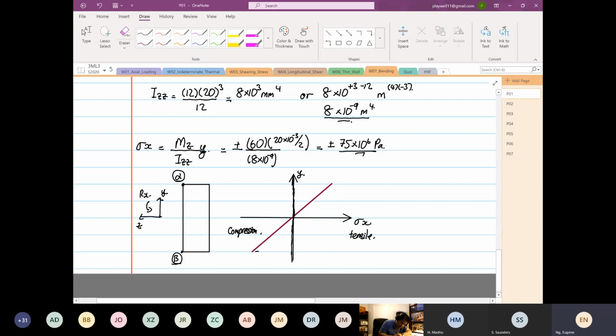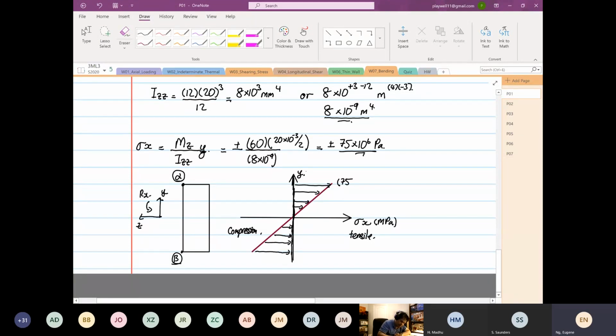So it's going to be compression, it's pushing in, and then tension is pushing out. So over here, this is where you will label this as 75 megapascal.